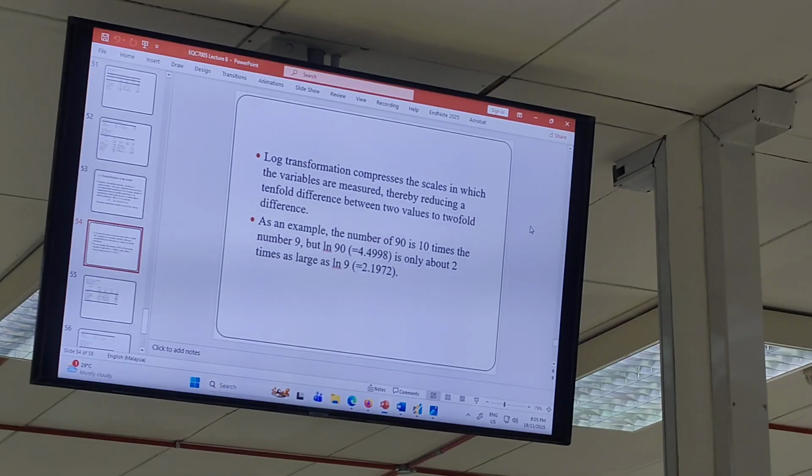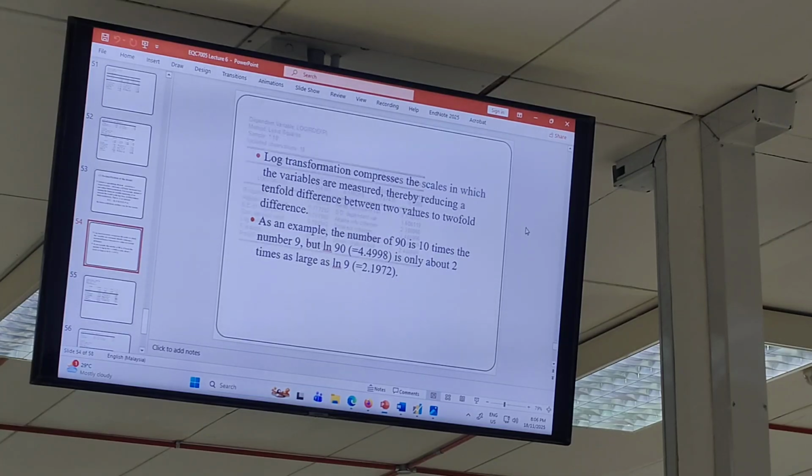Just now we had consumption and income. When you transform using log of income, the difference between the low income group and the higher income group is going to be smaller, so the numbers are not too large. That can help to reduce the chance of having heteroscedastic error variance.